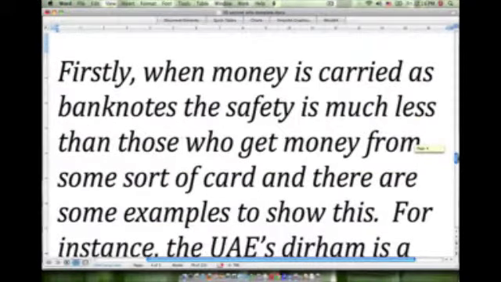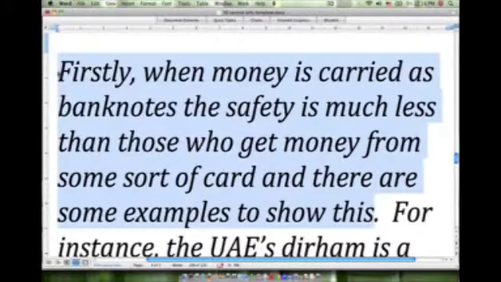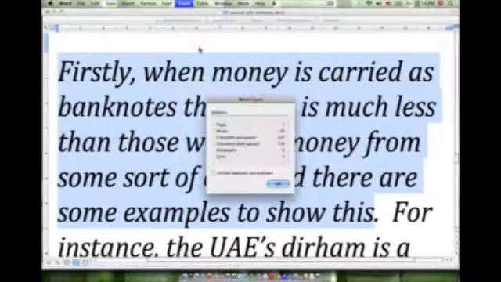The first sentence reads, "Firstly, when money is carried as banknotes, the safety is much less than those who get money from some sort of card, and there are some examples to show this." Now, this sentence is needlessly long. Let's just check how many words.